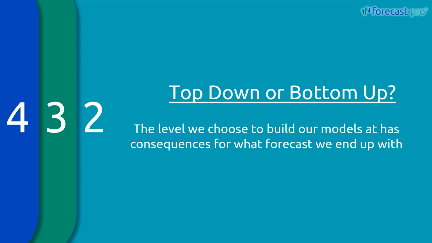But we have some choices. It's possible to reconcile the other way, and sometimes it's critical to get a good forecast that we understand which level we're building our baseline statistical model at.